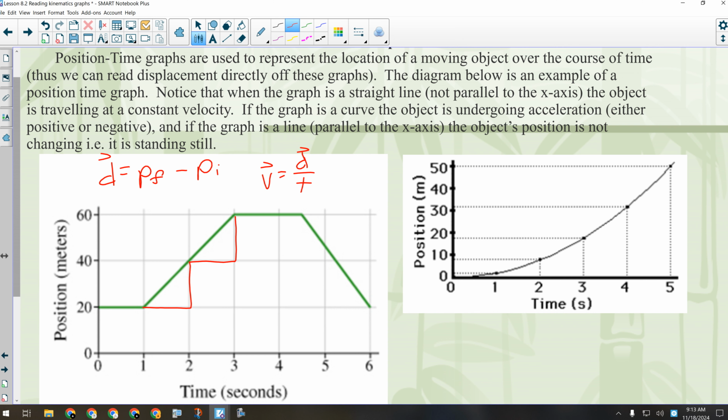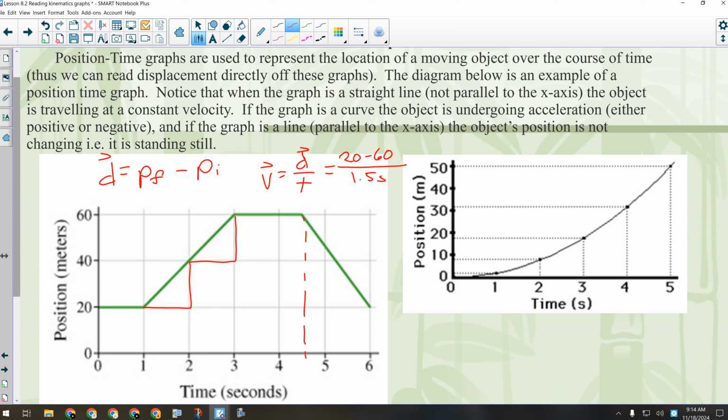Can I get the time off of my graph? So what I would do is I would say final position, 20, minus my initial position, 60, divided by 1.5 seconds, right? We're going from 4.5 to 6. That's 1.5 seconds. Is that really 4.5? I thought it was like 4 seconds, 5 seconds. Oh. 4.5 seconds. That makes more sense. Okay, cool. All right, so 40 over 1.5.